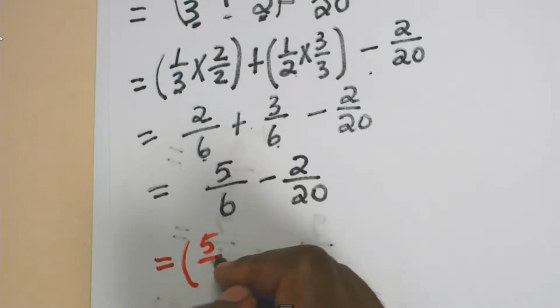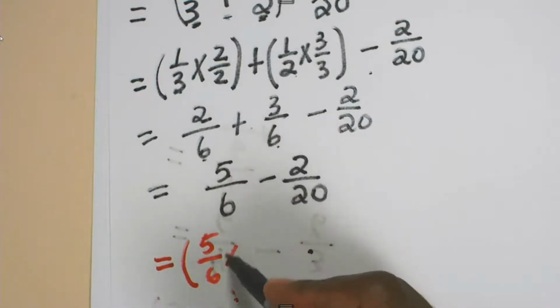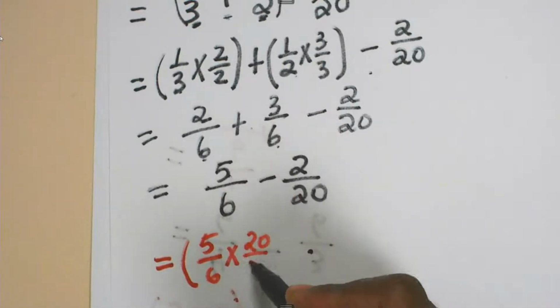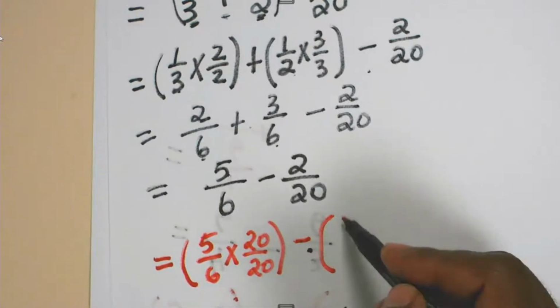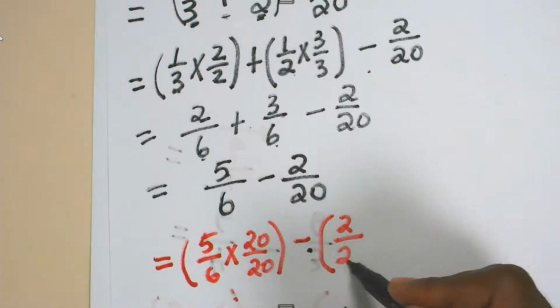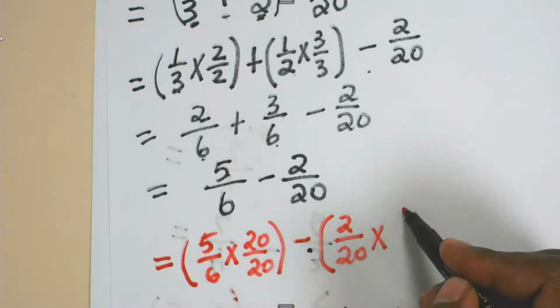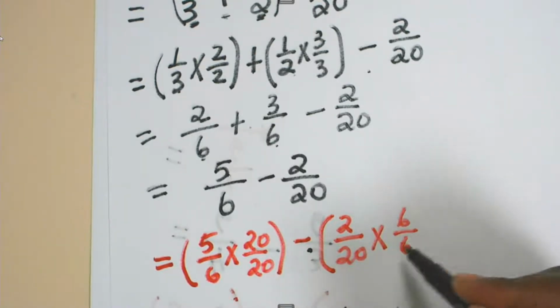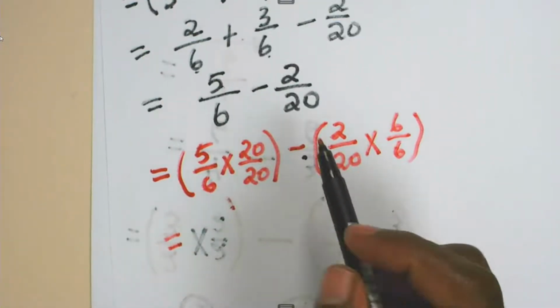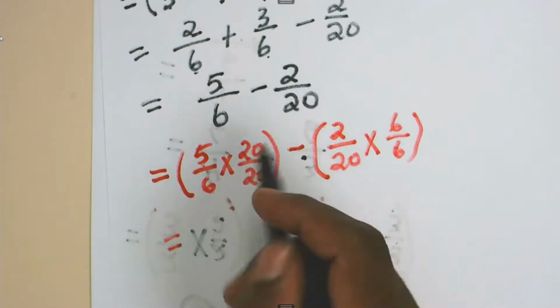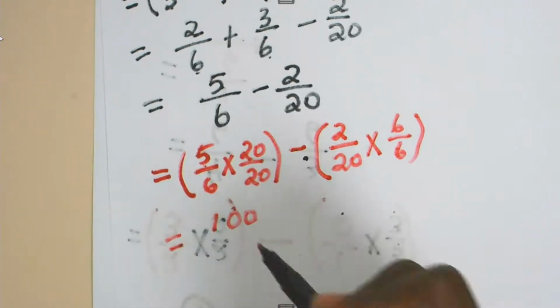5 sixths. We will multiply by 20 out of 20. Close the bracket. Minus, open the bracket. 2 out of 20. Multiply by 6 out of 6. Close the bracket. Then we say 5 multiplied by 20 equals 100.